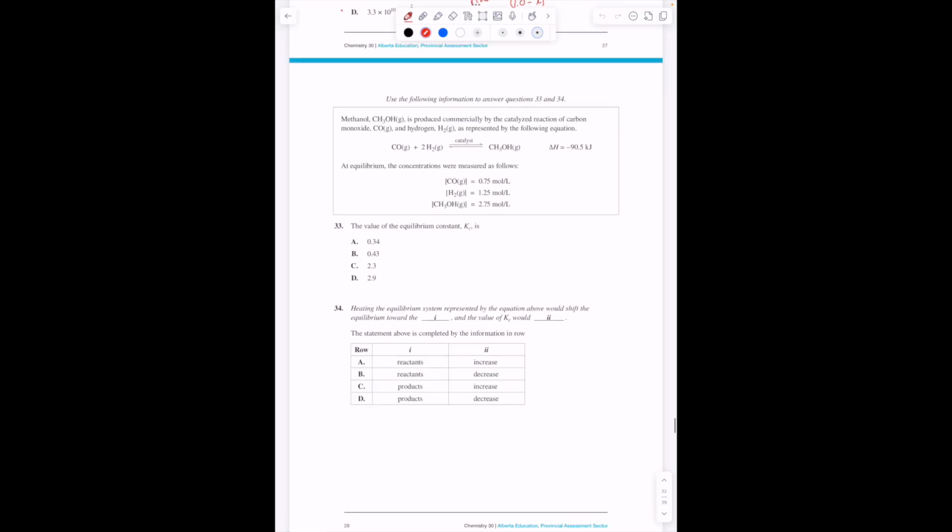Okay, number 33. The value of the equilibrium constant is, okay, so they gave us these. What I'm looking for is, do I need an ice table here? Nope, it's at equilibrium. So I can just plug it in. So Kc equals products over reactants. The concentration of CH3OH divided by my reactants, concentration of CO and H2.